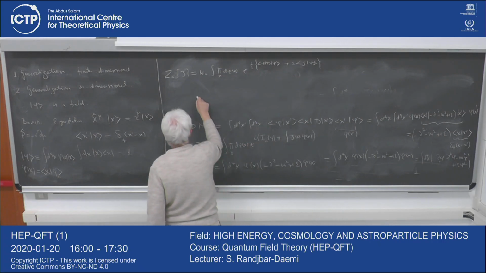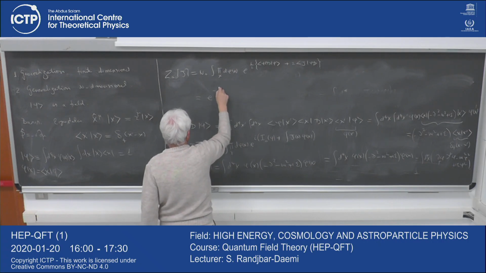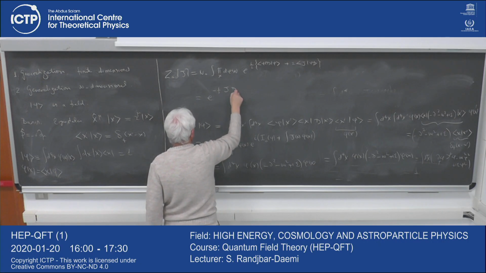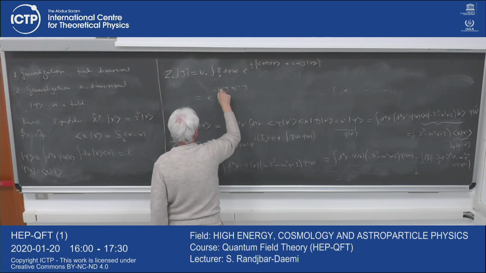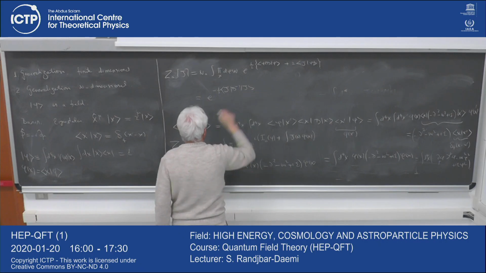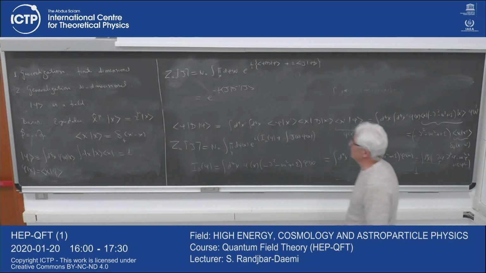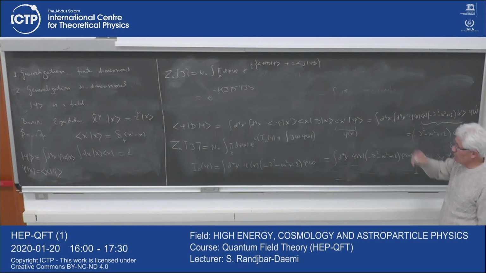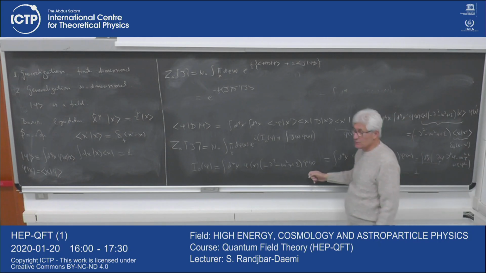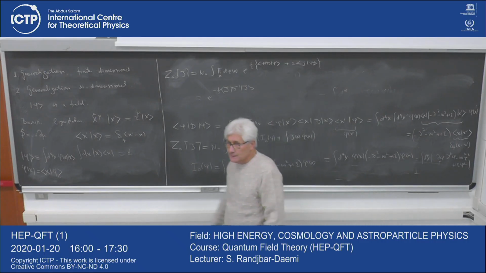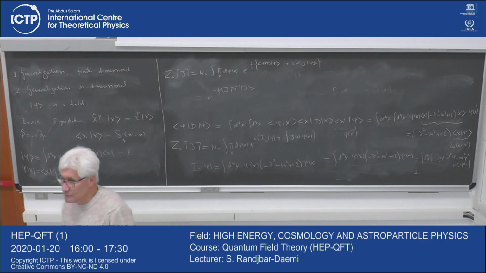The result of this integral is exponential of minus I over 2 j d inverse j. Now we have to find out what that object is in this notation in terms of components. Okay? Questions?